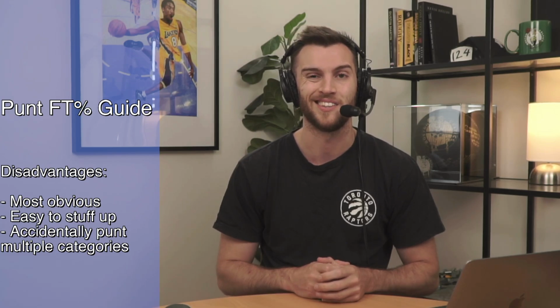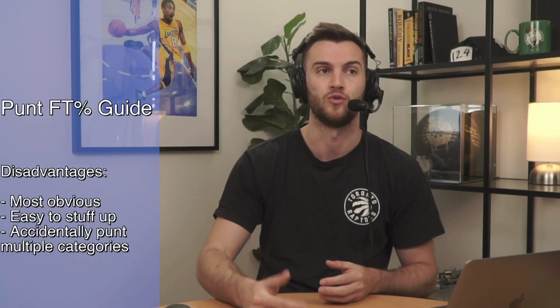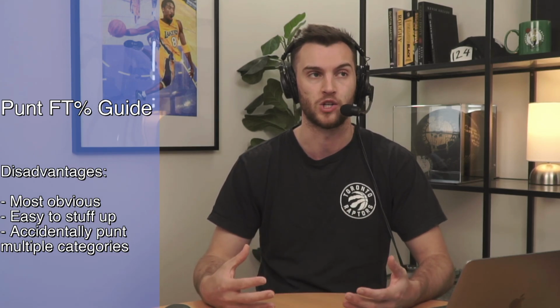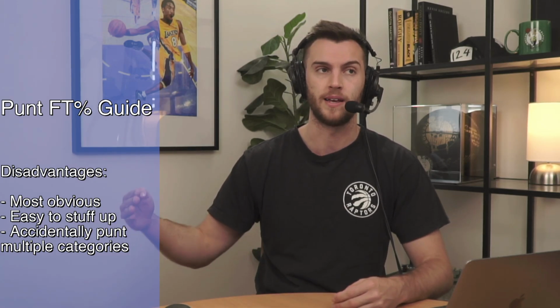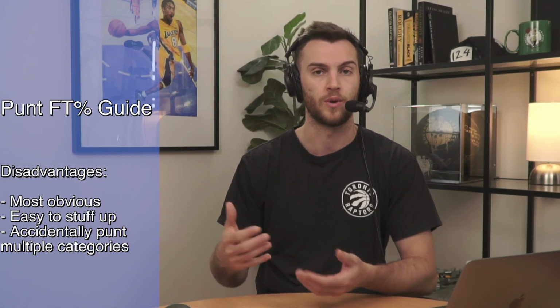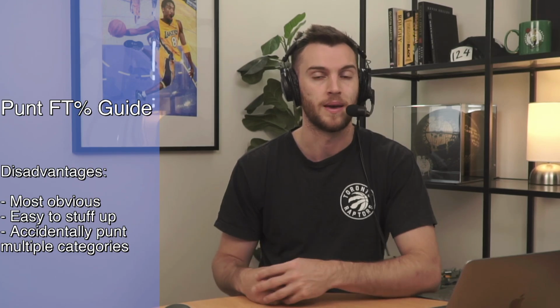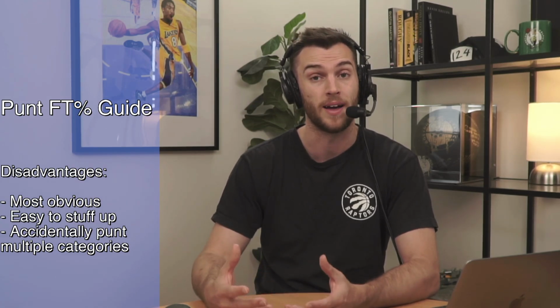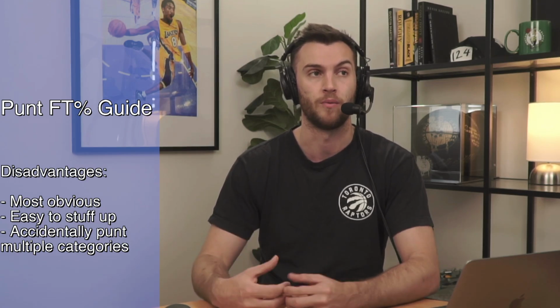I think this leads to mistakes when it comes to drafting, especially a balanced team. Being so dominant in a few categories and not being strong enough in those last 2 to 3 categories that are the real difference makers to you having a good season. So I think it is an easy one to stuff up despite how popular and how long it's been around for.